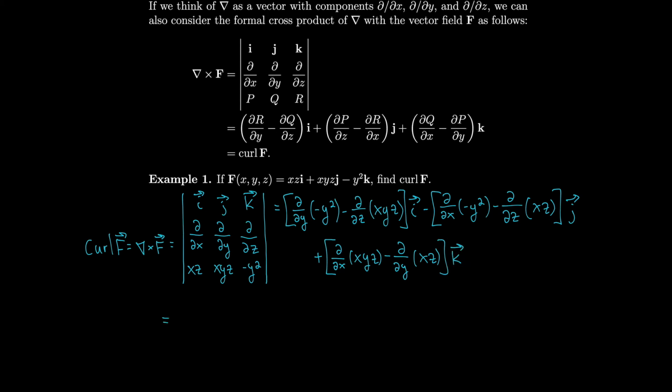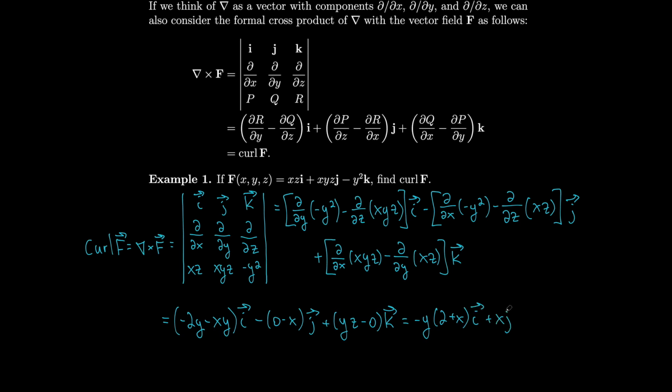Then, simplifying, when we take our partials, for i we get minus 2y minus xy, minus 0 minus xj, plus yz minus 0k, which works out to minus y times 2 plus x for i, plus xj plus yzk. So that's our curl vector.